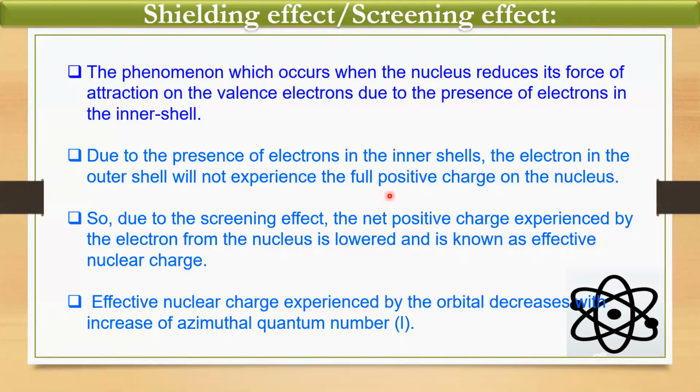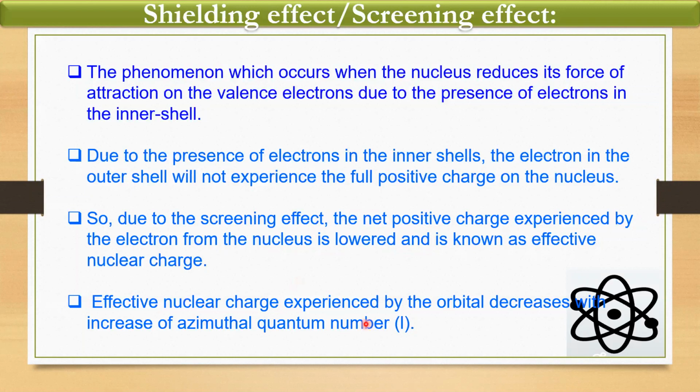Due to the presence of electrons in the inner shells, the electron in the outer shell will not experience the full positive charge of the nucleus. Due to the screening effect, the net positive charge experienced by the electron from the nucleus is lowered, and this is known as the effective nuclear charge.